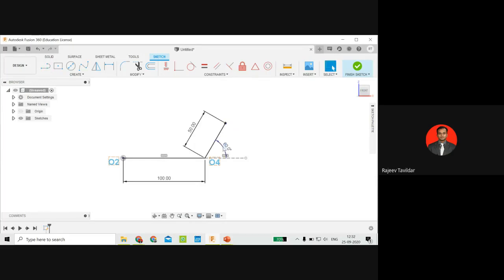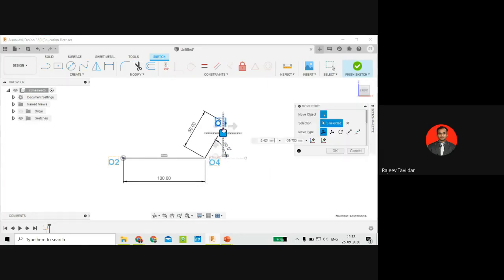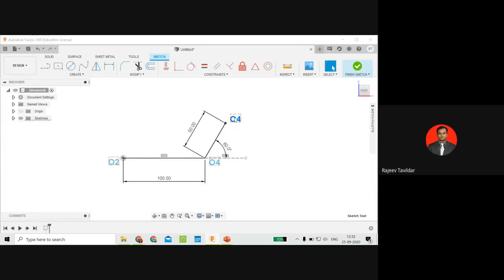Right, this is 60 degrees, what I've got, and this is B1. So I've got O4B1 over here, which is at 60 degrees from horizontal line, length of 0.5 units.